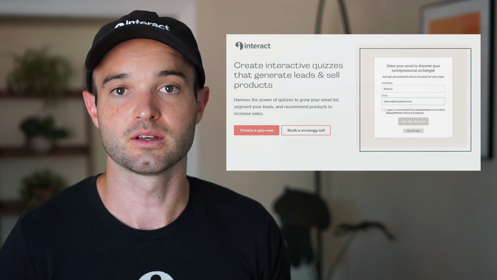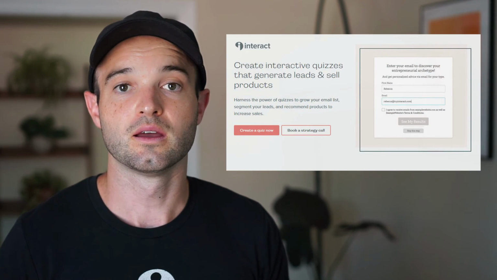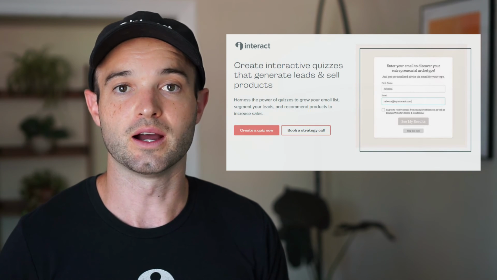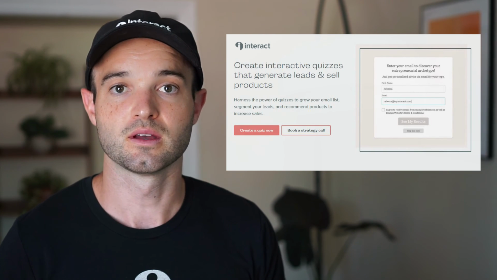Again, not a legal professional, so do not take this as anything that you can reference for the purposes of legal things, but that is our definition and the generally accepted definition of what zero-party data is. And again, quizzes are amazing for gathering that data and creating an experience where people actually want to tell you about themselves so that you can then offer up a more personalized experience.